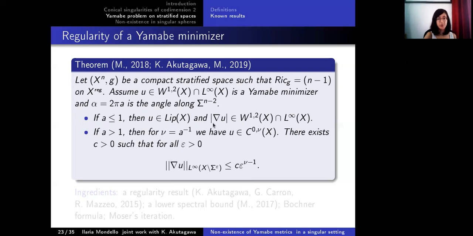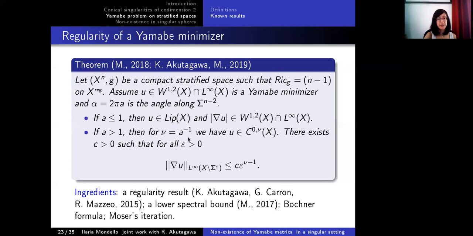So this first part was proven in a paper of mine in 2018, sorry. And the second part is in the joint paper with Kazuo Akutagawa. And the ingredients for this proof are a regularity result due to Akutagawa, Carron, and Ponge, again a lower spectral bound in the style of Lichnerowicz's theorem that they proved, and Moser's iteration, Bochner formula.